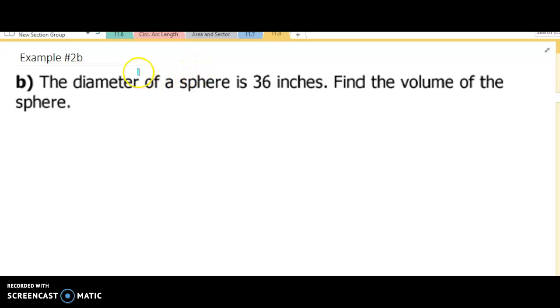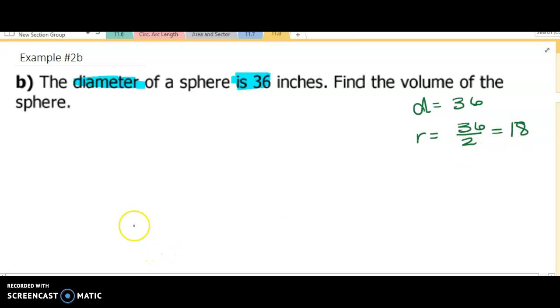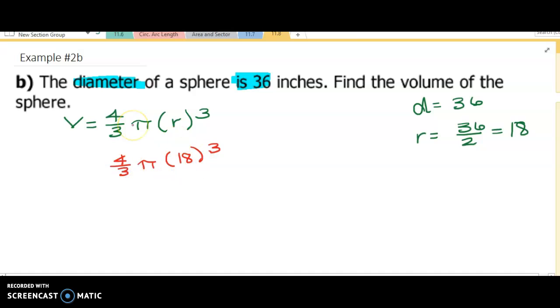All right, so let's look at example 2b together. It tells us the diameter of a sphere is 36. So if the diameter is 36, the radius is half that, or 36 divided by 2, which is 18. Okay, and now that we have our radius, we can just do volume equals 4/3 pi r cubed. And if I put 18 in for r, I get 4/3 pi 18 cubed.